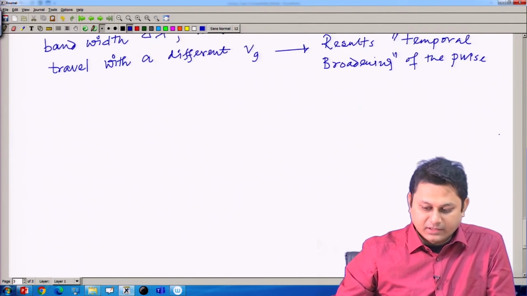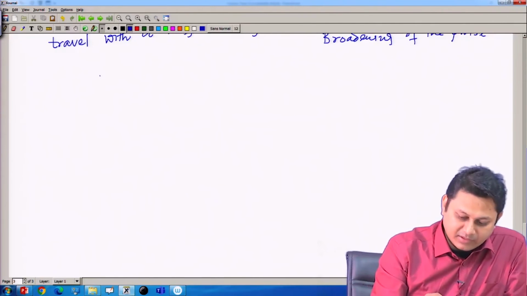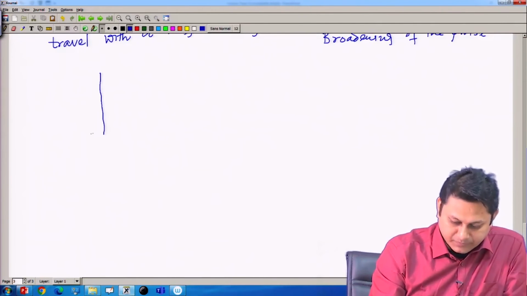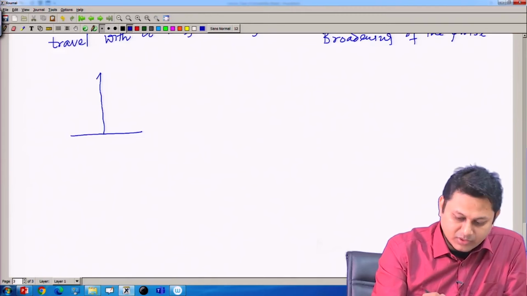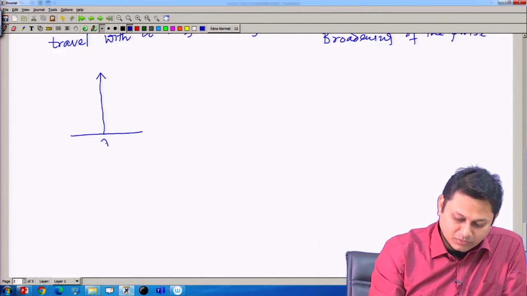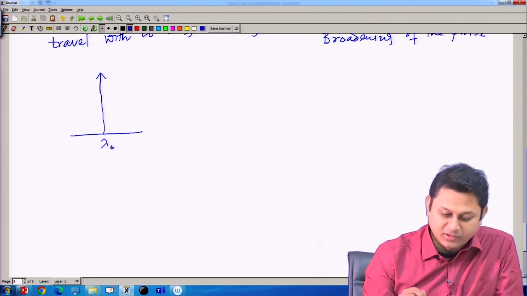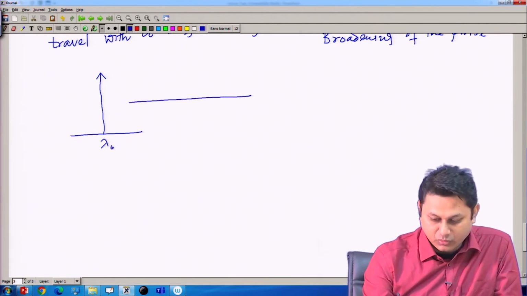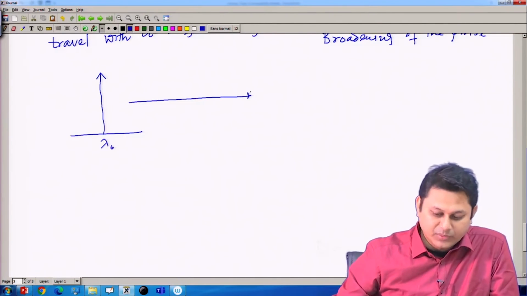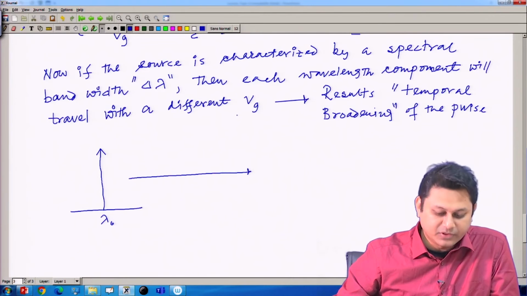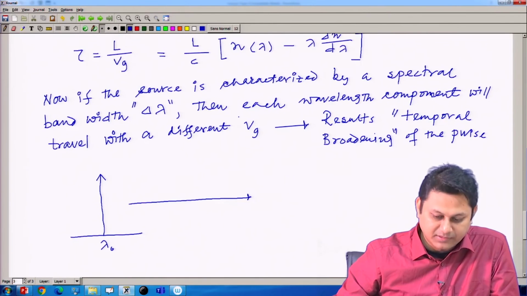So, what is the meaning of that? Suppose I have a very sharp source. Normally this is the way to write a sharp source. This is a very specific lambda, say lambda 0. When it is passing through, there is no extra frequency component, it is a very sharp source at lambda 0.